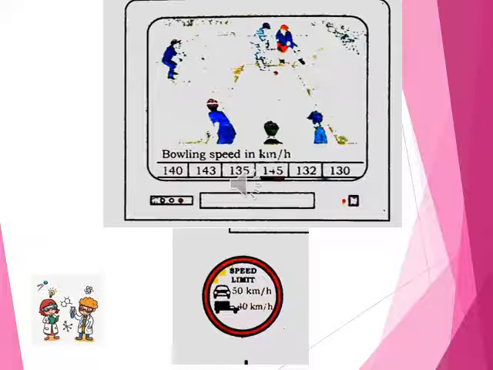Now the speed is decreasing, and the last ball of the over shows a speed of 130 km per hour. So this is all about speed, the time taken to travel and the total distance covered. When we take the ratio of these two quantities, we get the speed of the particular object.